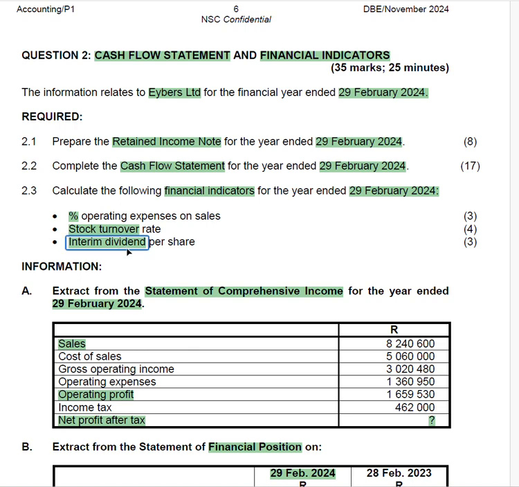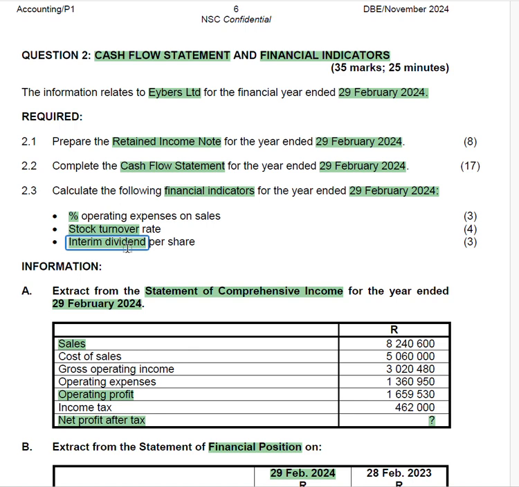And then the last one is interim dividends per share. How do you get interim dividends per share? In this paper, we are provided the interim dividends, and we also know the number of shares that we have outstanding. The number of shares outstanding is the number of shares that we had at the beginning of the year plus the shares that were issued during the year.